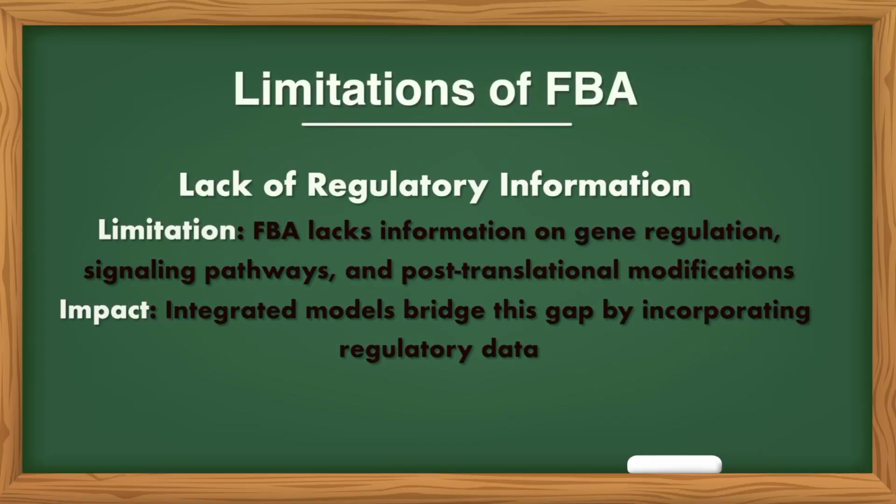Okay. So another important limitation is lack of regulatory information. FBA lacks information on gene regulation, signaling pathways and post translational modification. So there are integrated models, for example constraint based regulatory network analysis. This bridges the gap by importing the regulatory data.